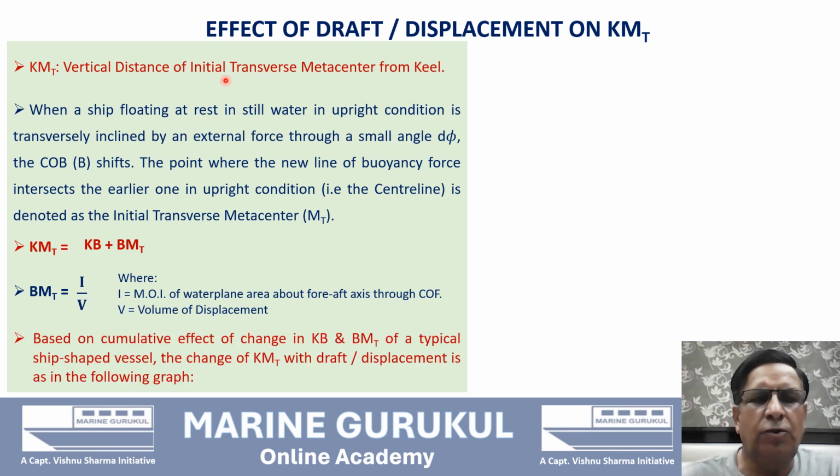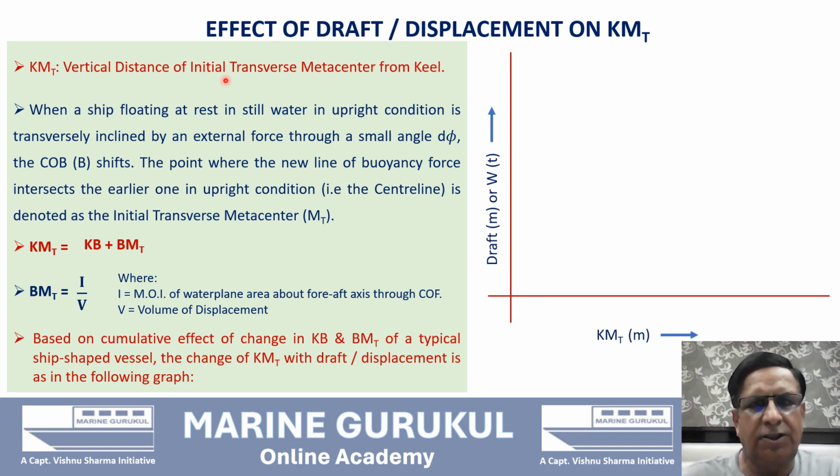Now, based on the cumulative effect of change in KB and BM transverse of the vessel in a typical ship-shaped vessel, the change of KMT with draft and displacement can be shown as it changes for MV Hinge ship, and the change can be shown by this graph. What do we see?